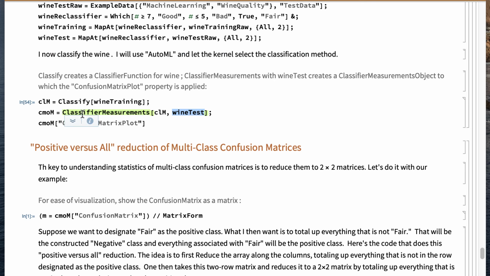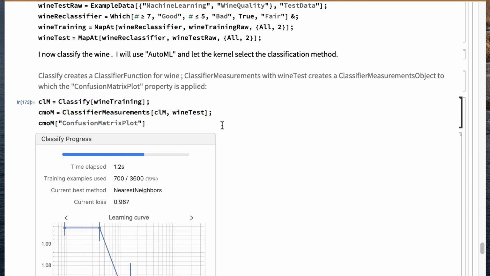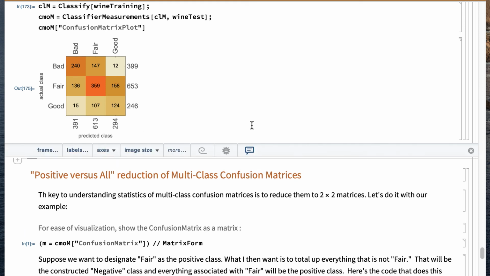And then let's take a look at our friend, the confusion matrix. Right, we're done. And there is our wine classifier, where we can see the actual class of the wine on the rows and the predicted class of the wine on the columns.